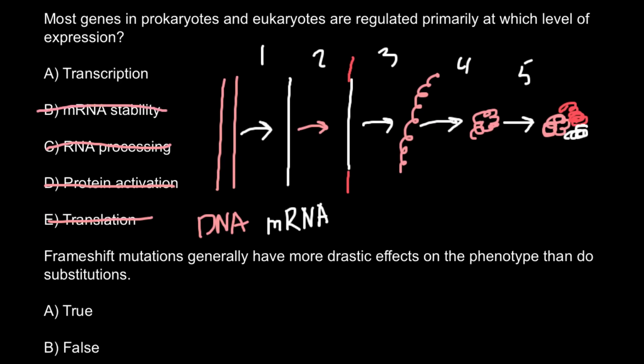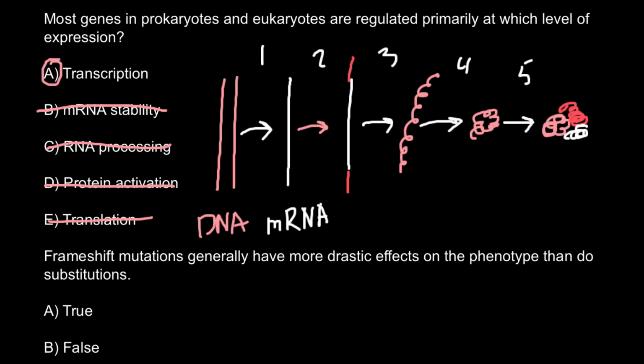So we can cross out these steps, and the most important step to regulate messenger RNA stability, production, processing, and production of the protein would be the first step. This is going to be transcription. So the correct answer would be A.